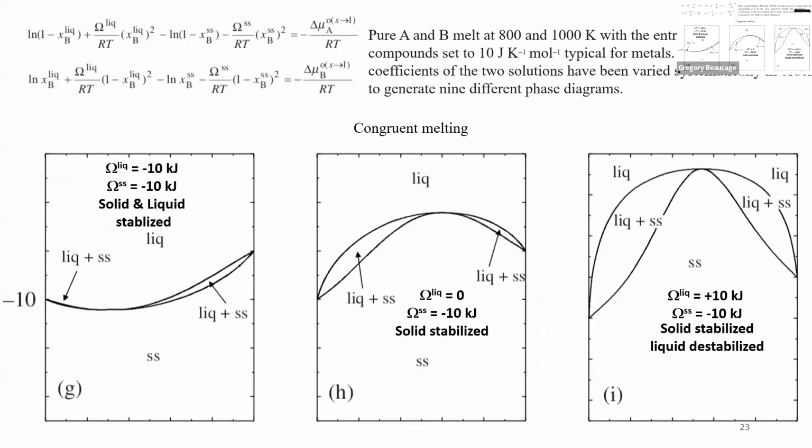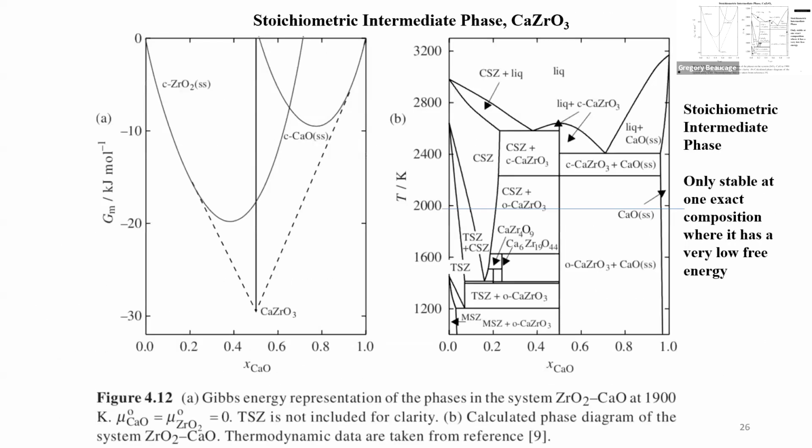But then there's this other thing, like a monkey wrench thrown into the whole thing. Sometimes there's a mixture of things that's absolutely perfect. So you're mixing calcium oxide and zirconia together, and you're getting different phases like zirconia and calcium oxide. Then there's a magic composition, CaZrO3, that's stoichiometrically perfect.